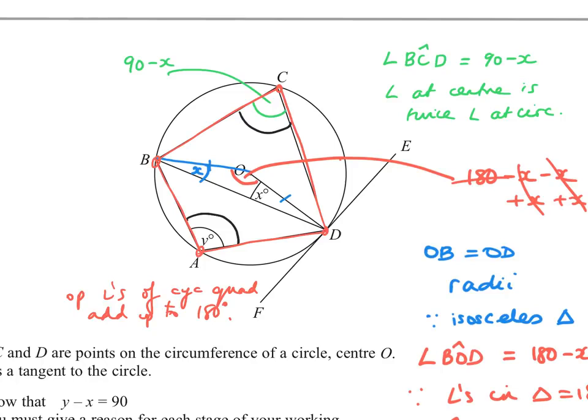And so because we have 90 minus x and y here, we can say 90 minus x and y must equal 180. And if we just rearrange from that, that's the same as y minus x equals 90, because all I did was change the order of the y's and the x's and took 90 from both sides. So that's my solution and a bit of an explanation as to how I got there.